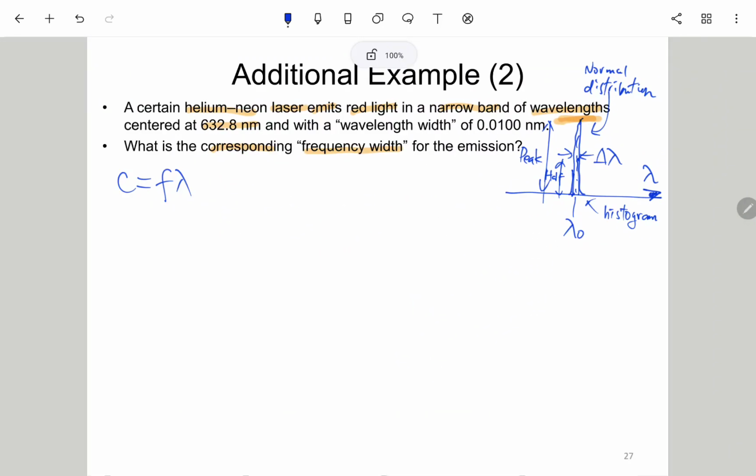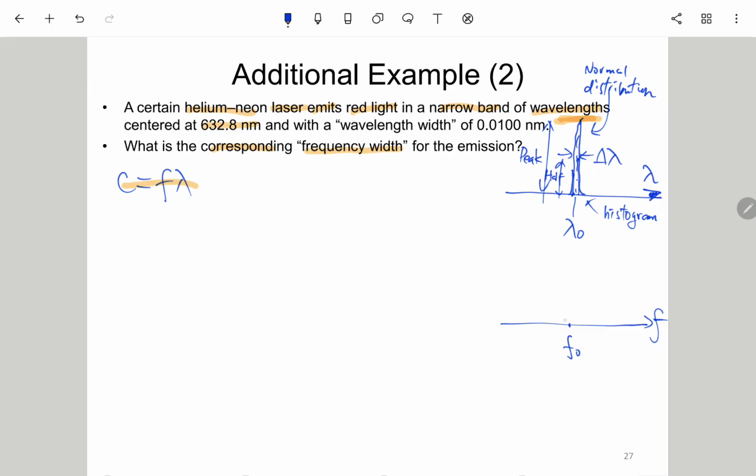And for every single sample, we may be able to use this C equals F lambda to calculate the corresponding frequency. So in that case, we are also able to draw it with an axis of frequency.